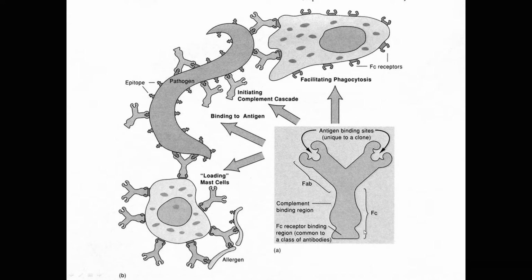FC portion. This is the crystallizable fragment common to a class of antibodies. It ensures the attachment to the FC receptors of macrophages, as shown here, to the macrophages.